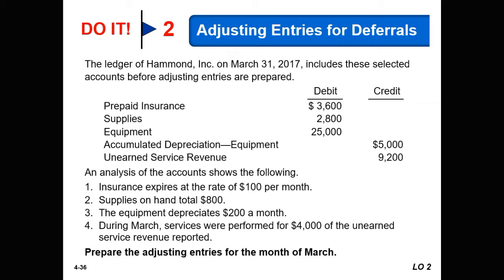We refer back to our depreciation schedule, which you'll learn about more in later classes, and notice that the equipment depreciation is $200 a month. And during March, we actually performed some services of $4,000 worth of unearned service revenue that is currently being reported.